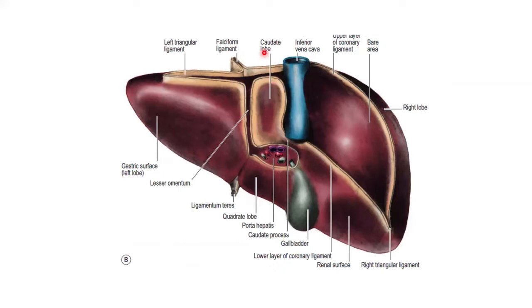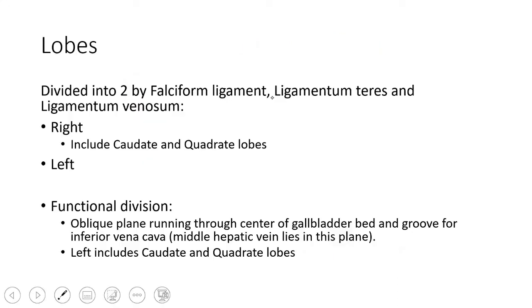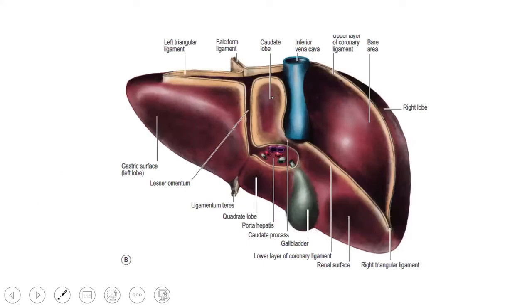So superiorly you have the caudate lobe. You can remember it because C comes early in the alphabet. It's located superior. That's how I used to remember. But when you divide it functionally according to the blood supply, the caudate lobe and the quadrate lobe belong to the left lobe.